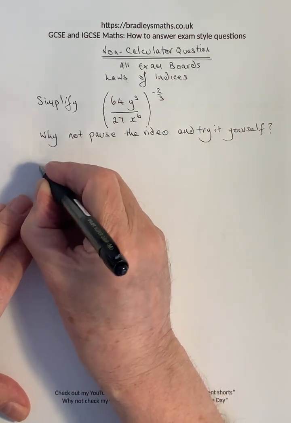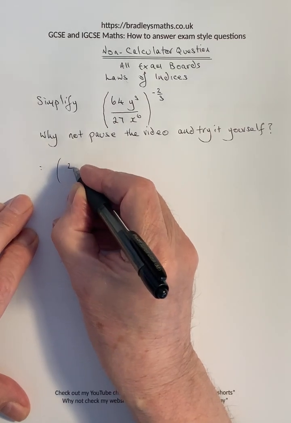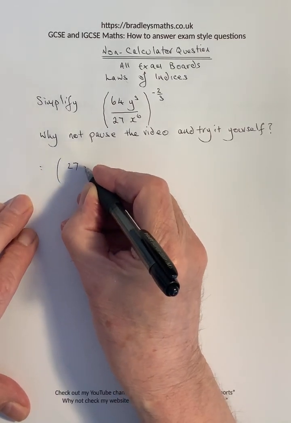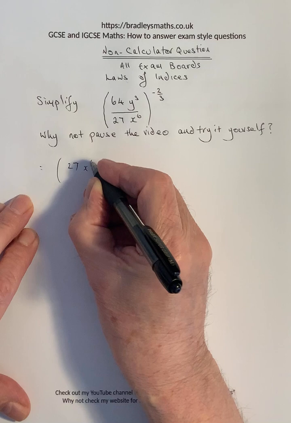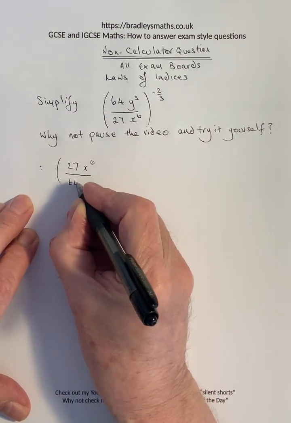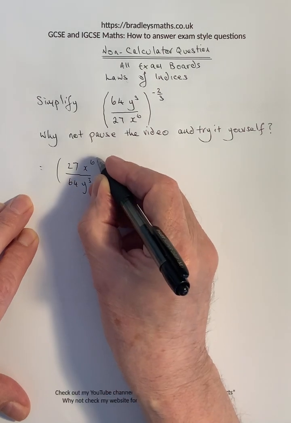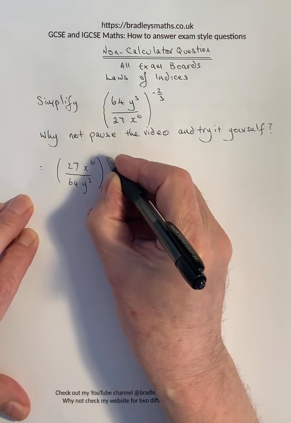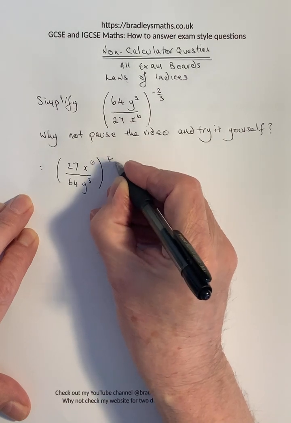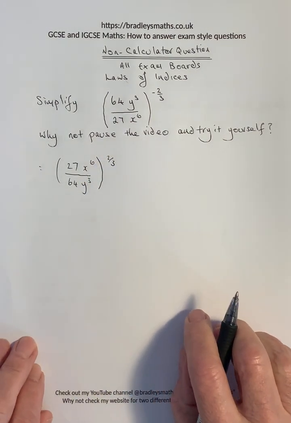So we have equals 27x to the power 6 over 64y cubed, all to the power of 2/3. Okay, that's our starting point.